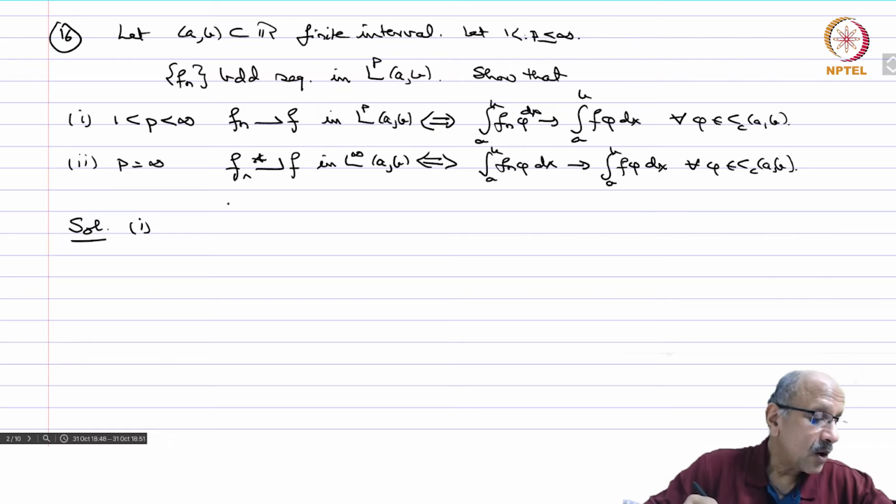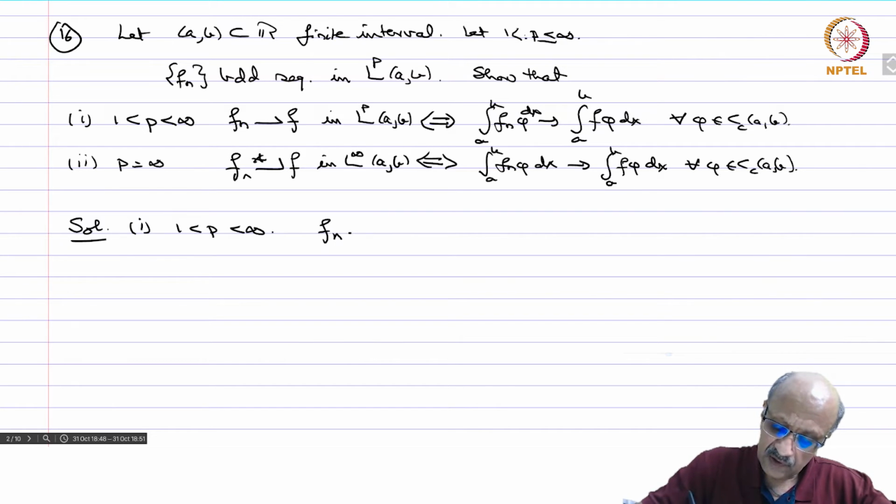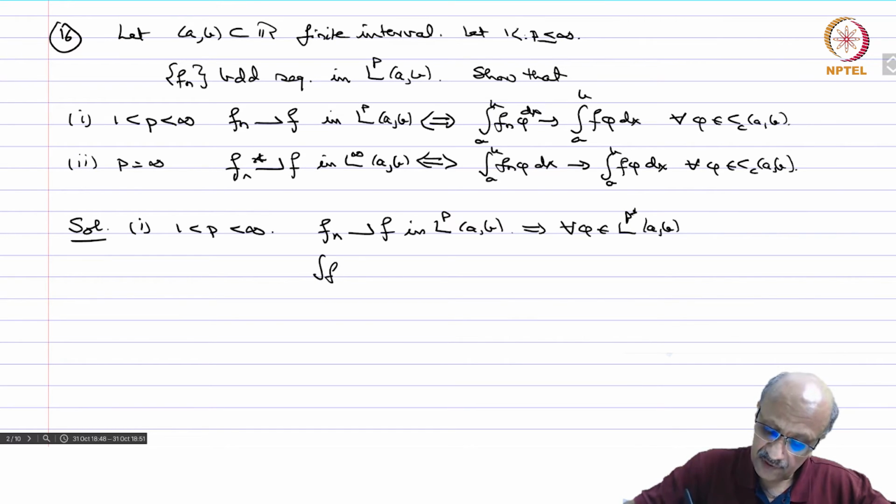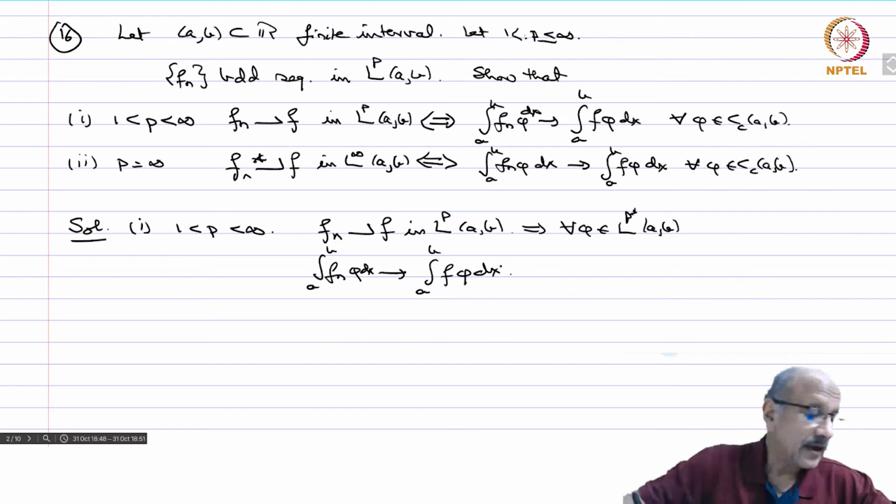So let's look at 1 less than p less than infinity. Okay, so let us assume that f_n converges weakly to f in Lp. So this implies for every phi in Lp star (A,B), you have integral of f_n phi converges to integral of f phi over (A,B) dx.